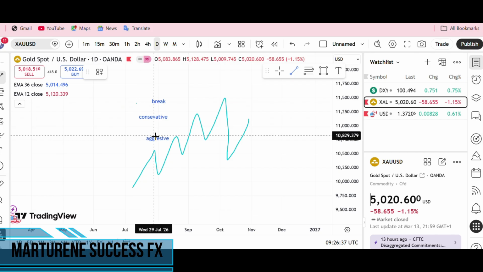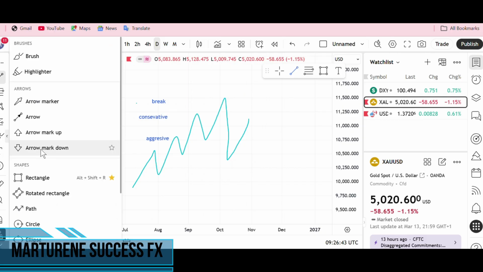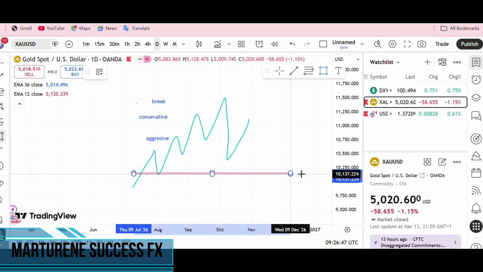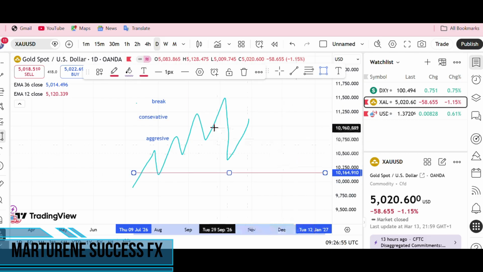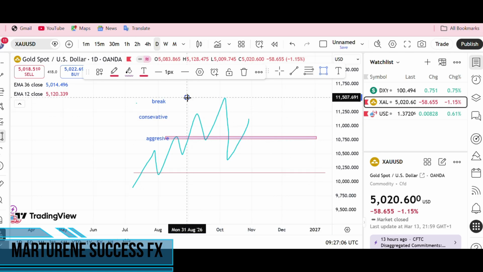Now, with the aggressive method, let's assume that this is the market and we draw our support and resistance. This is our support, this is our support and this is our resistance, and this is another resistance.